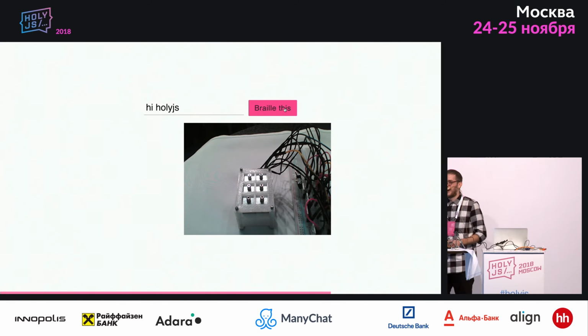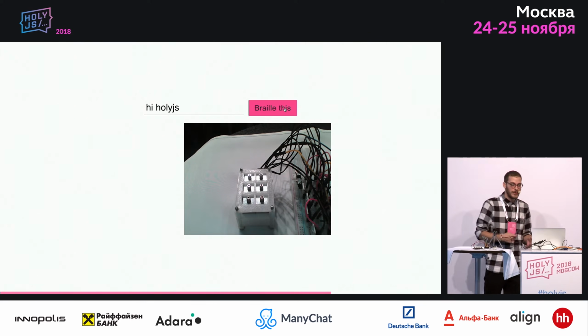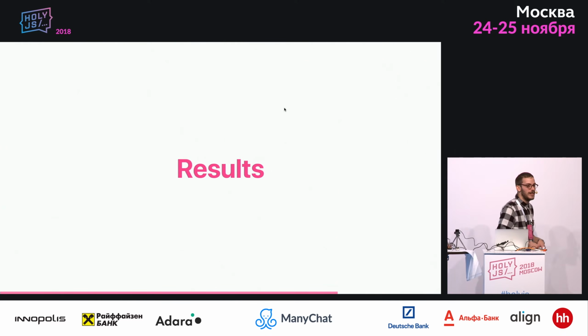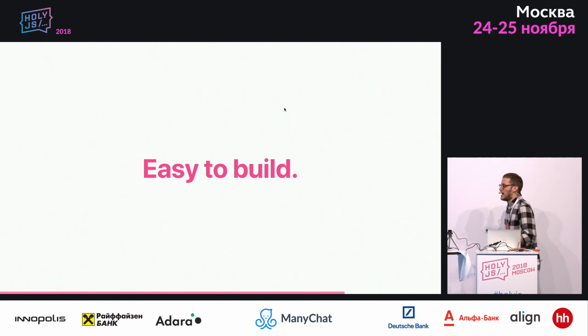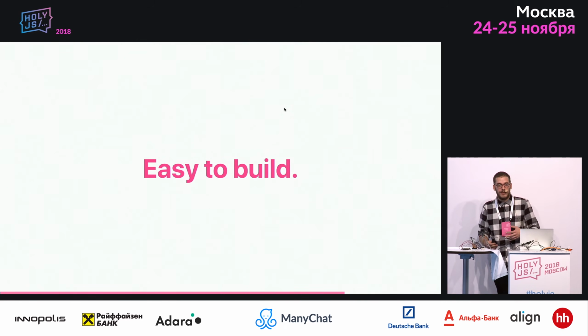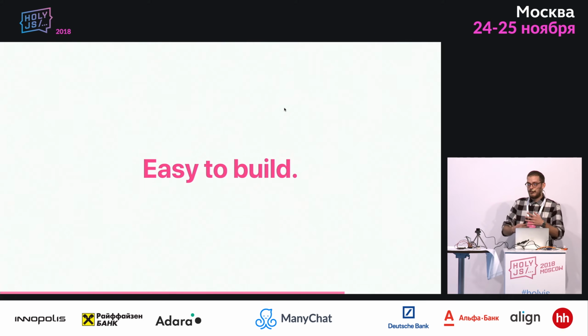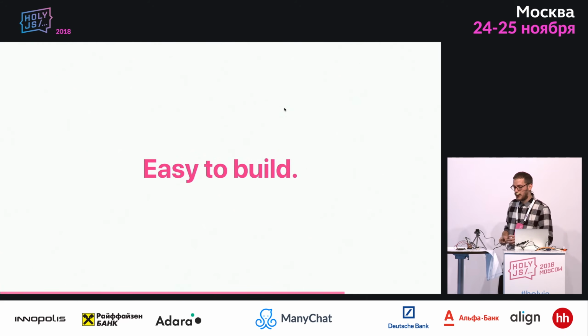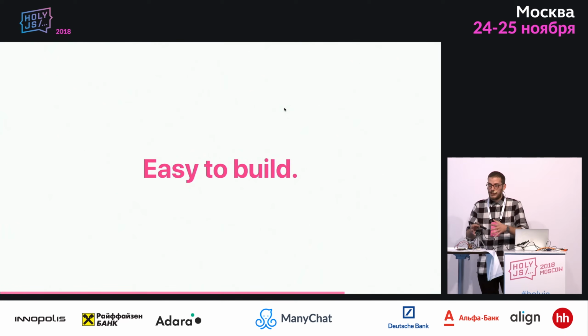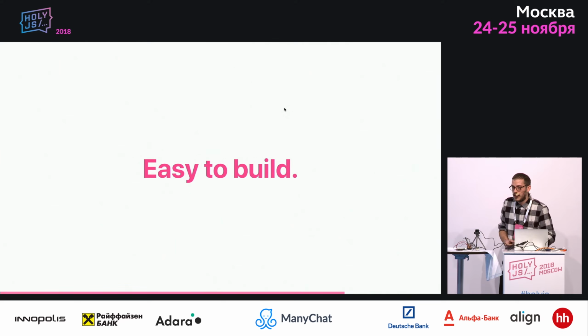Lovely. So apparently our prototype works. Let's bring up some results. As you can see, besides digging through information about embedded development or soldering parts or electronics, this device is relatively simple to build. It requires just a minor knowledge of electronics.